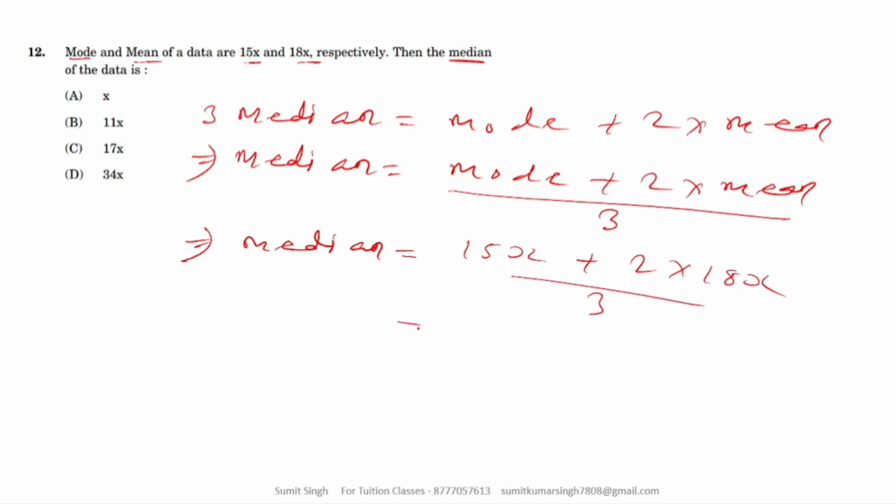After the simplification, 15x plus 36x divided by 3, it means 51x by 3, basically 17x. So in this way, the correct answer is option C.